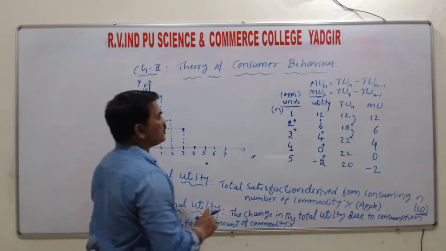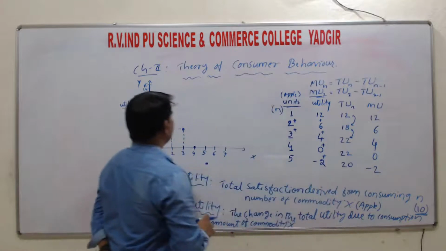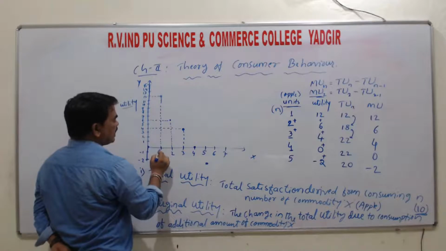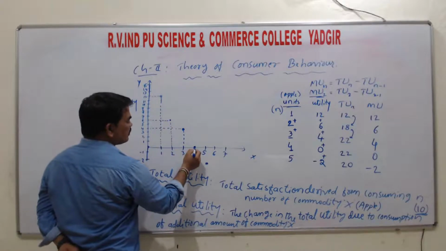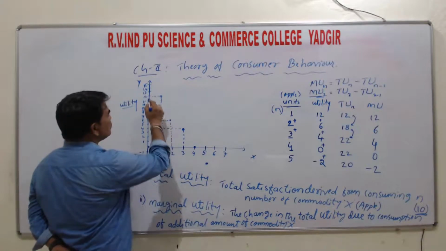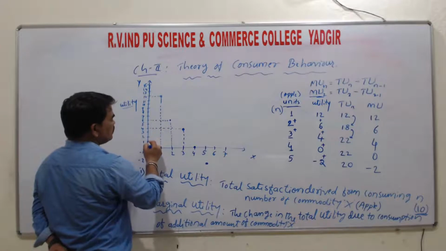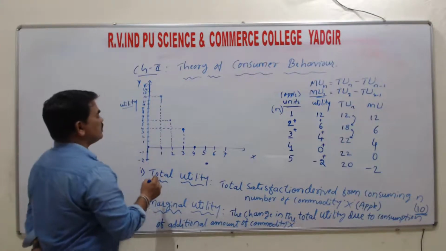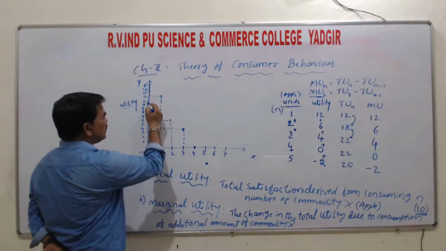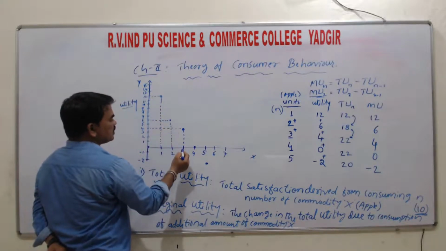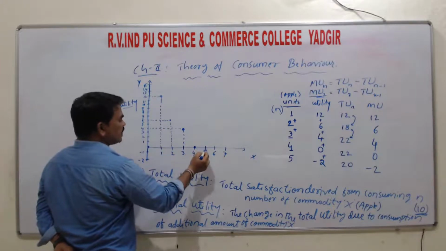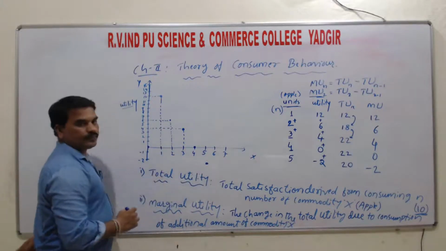Okay? So this is about marginal utility. The marginal utility for the first apple is 12. When I increase the number of apples, there is a decrease in the utility of that particular commodity. For the second apple, it reduced. The third apple is still reduced, and the fourth apple it is 0, and the fifth apple it went negative.